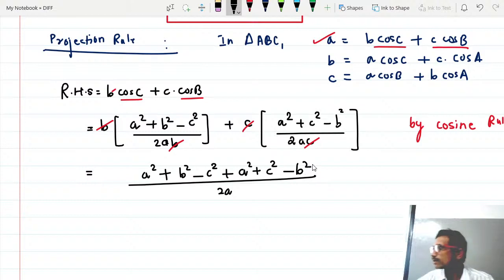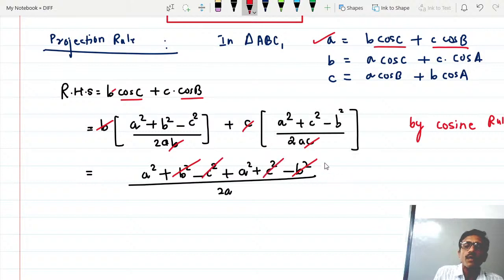Now we cancel b square and c square, and what is left is a square plus a square, that is 2a square upon 2a. After cancelling, you get a only.